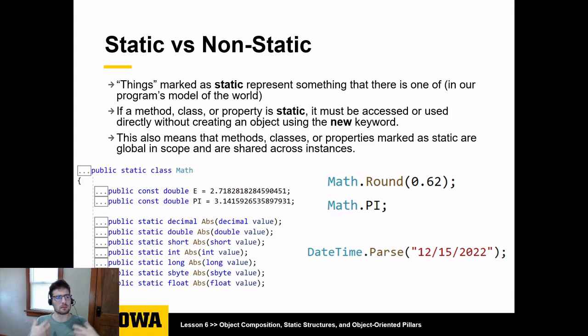Now, when something is marked as static, that means in our worldview, our program's worldview, there is only one of those things. Okay, just one single version of that thing. So this is opposed to, for example, student objects or thermostat objects or drone controllers, right?